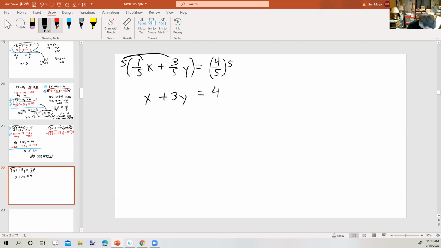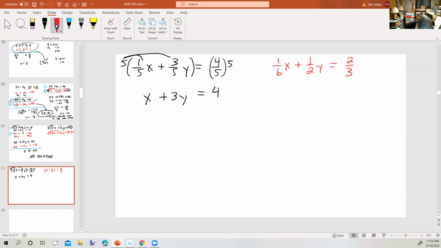The second equation, this thing keeps freezing up on me. Let's see, where did it go? Second equation is 1/6 x plus 1/2 y equals 2/3.